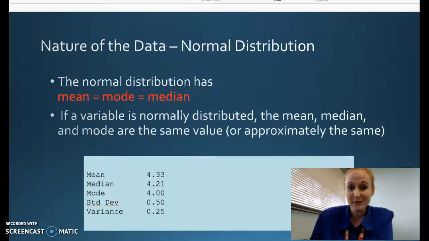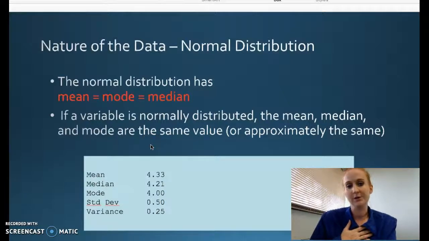So if we were in SPSS and we ran these statistics, we could say, okay, maybe this is for how many years old children are in a certain preschool class. The mean is 4.3 years old, median's 4.21, and the mode is 4. So if the mean, median, and mode are really close to the same value, we can feel really good that this is a normal distribution.